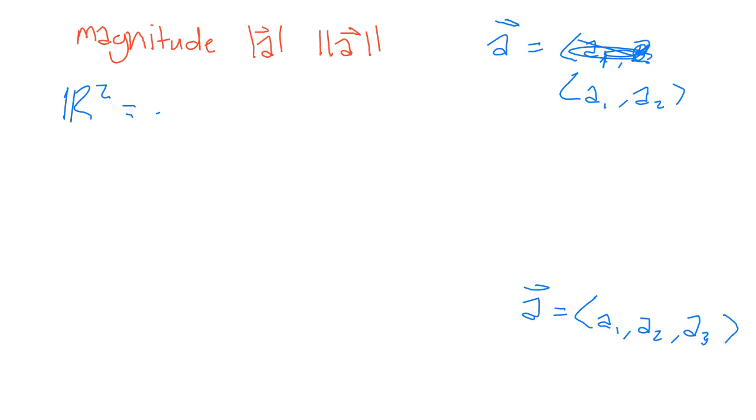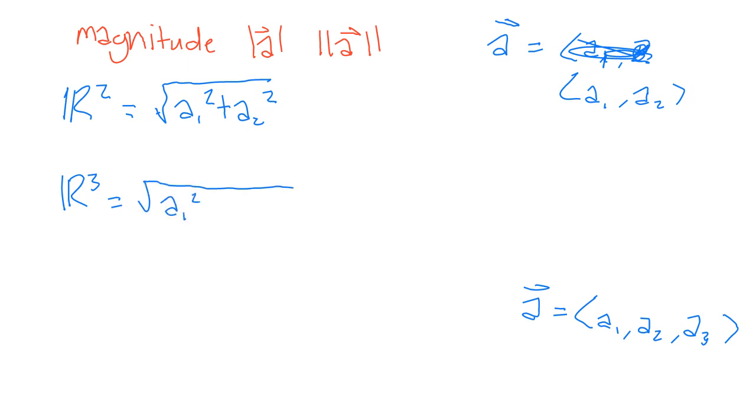In 2D, our magnitude is going to be the square root of A1 squared plus A2 squared. And then in R3, it is going to be the square root of A1 squared plus A2 squared plus A3 squared. It's pretty much the same thing as when we did distance between two points in 2D and 3D.